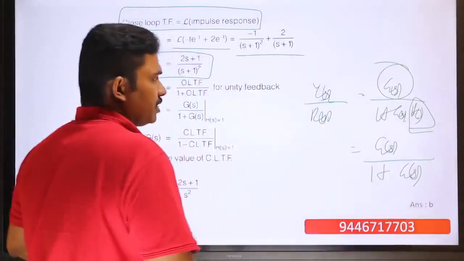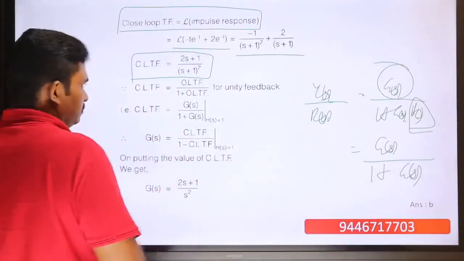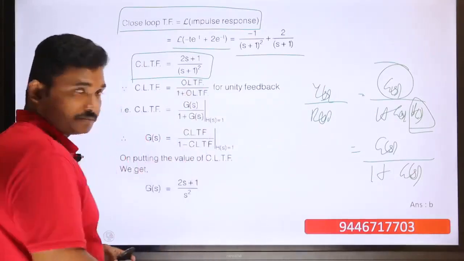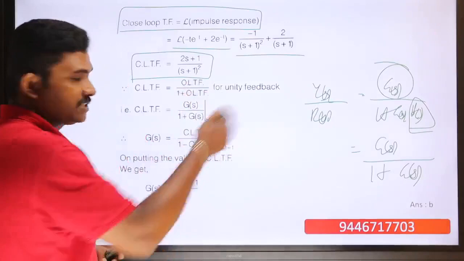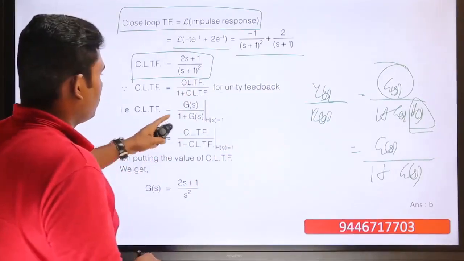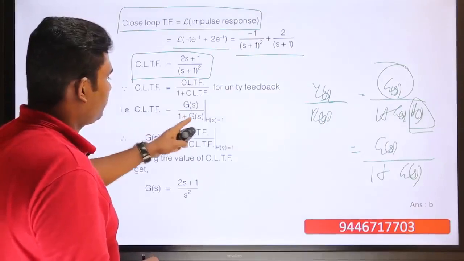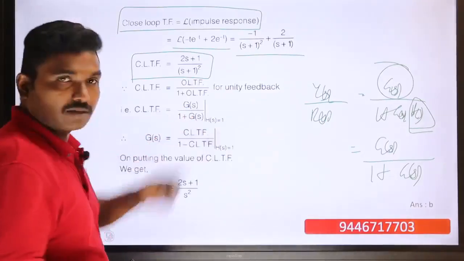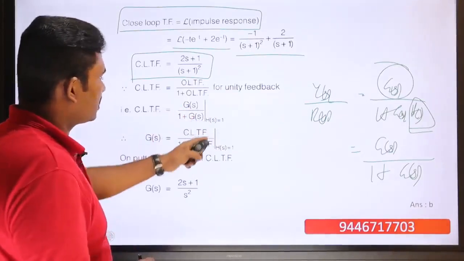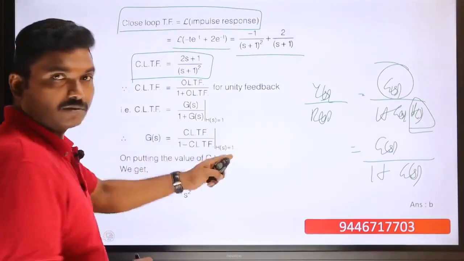Okay. So what is closed loop transfer function? It is equal to open loop transfer function divided by 1 plus open loop transfer function when H(s) is equal to 1. Okay, so closed loop transfer function can be written as G(s) divided by 1 plus G(s) when H(s) is equal to 1, or you can write G(s) is equal to closed loop transfer function divided by 1 minus closed loop transfer function.